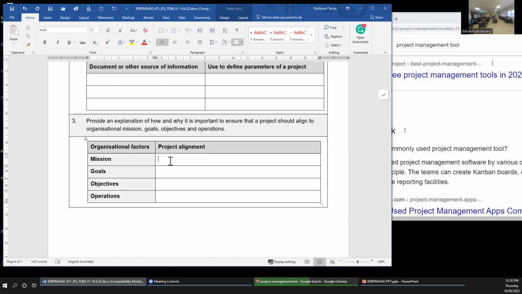The same thing can be talked about for goals, objectives, and operation. With the operation, it's how the organization works on a day-to-day basis. If your project becomes a hindrance or an obstacle in the day-to-day operation of the organization, it's not meeting its task.